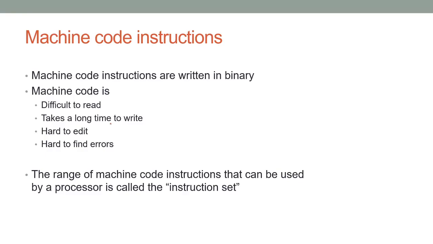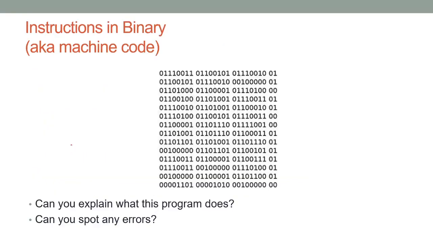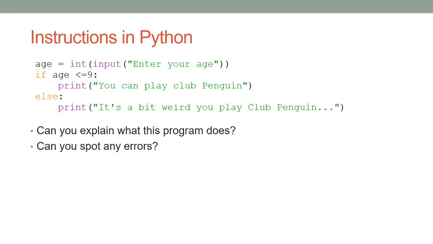It takes ages just to write a name, never mind an entire program. It's very hard to edit and to find errors. If I was to tell you one bit was wrong here, it would be quite difficult to find which 0 and 1. You'd have to go work out what each one stands for and all that. Whereas this one, if I told you there was an error here, it wouldn't be quite as difficult.